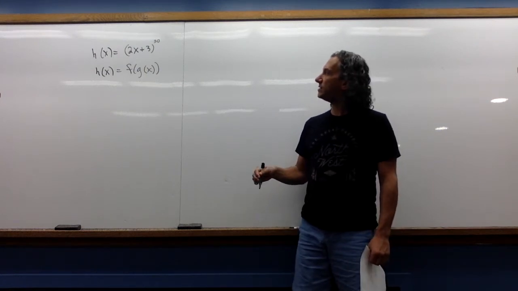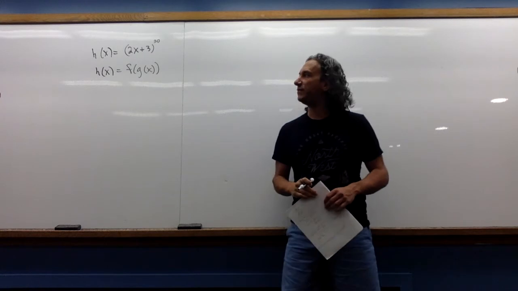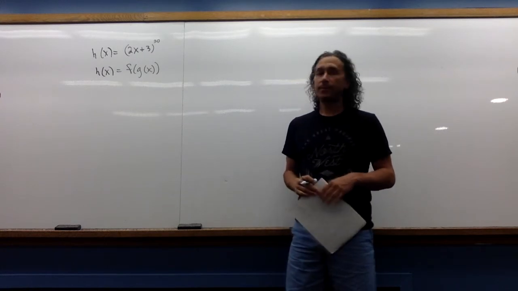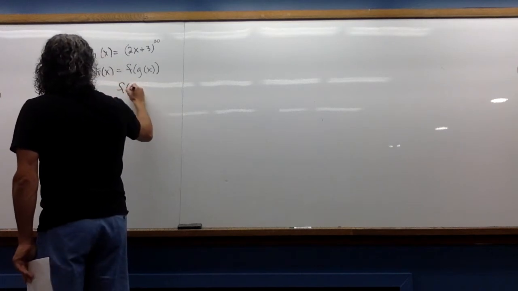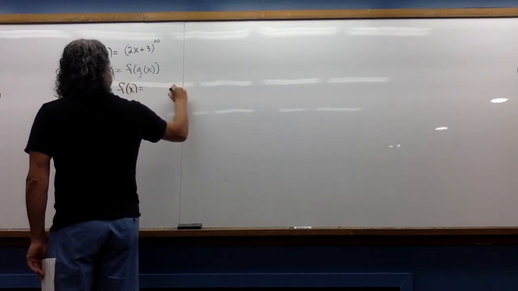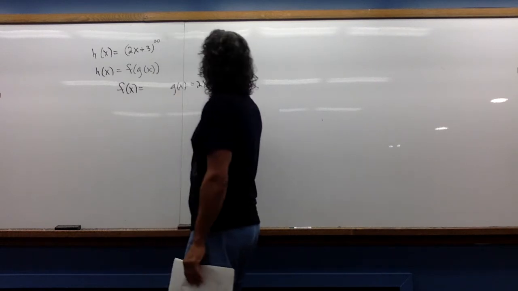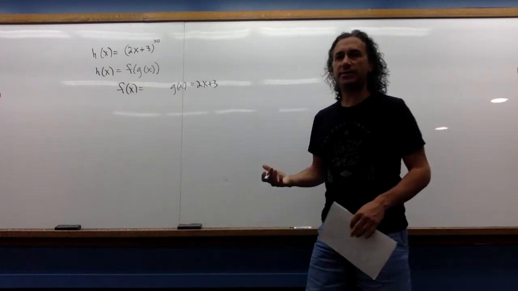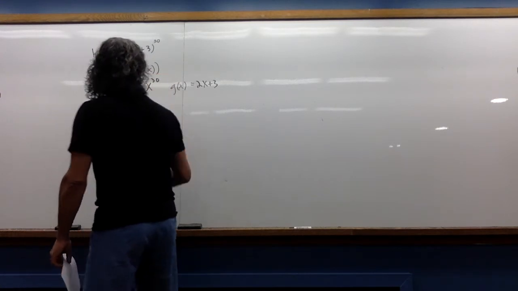So I'll give you a second, pause the video, make sure we're on the same page in terms of what f of x and g of x are. Right, hopefully you said, well, I'm sticking 2x plus 3, that's the little guy, I'm sticking 2x plus 3 into x cubed. So again, if that was, into x to the 30th.